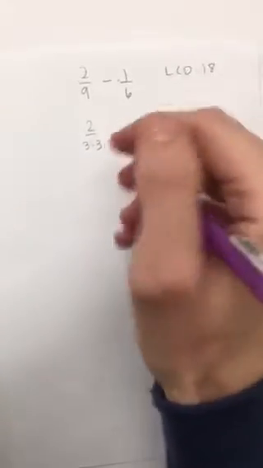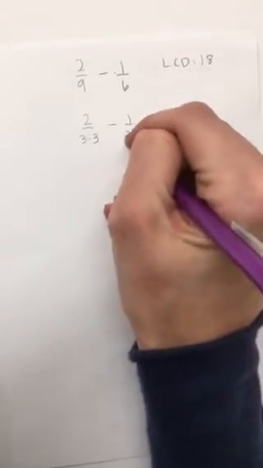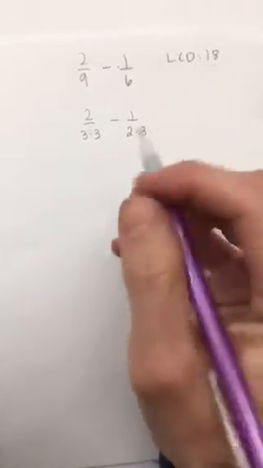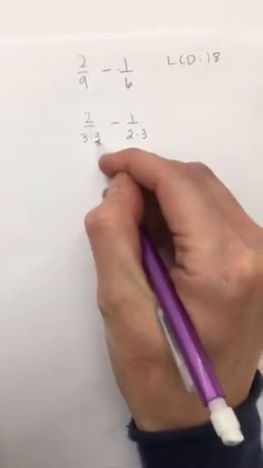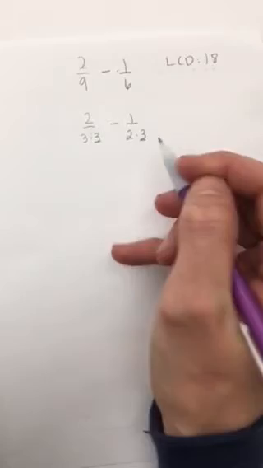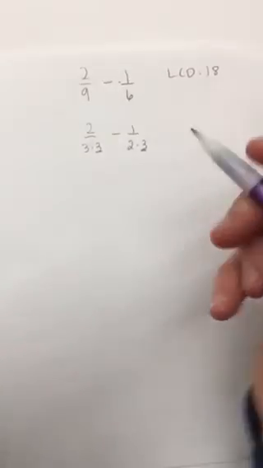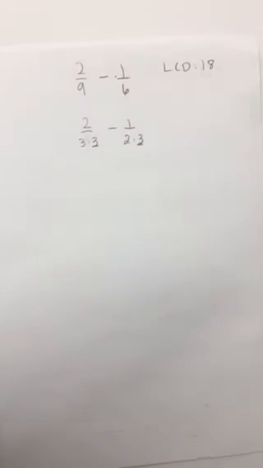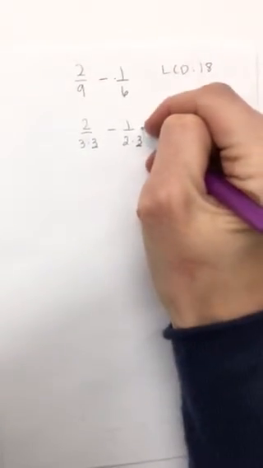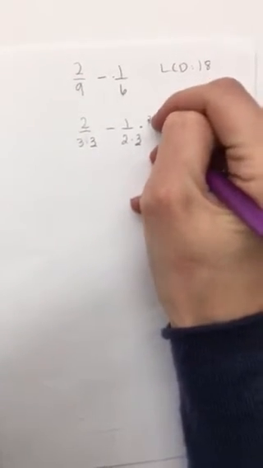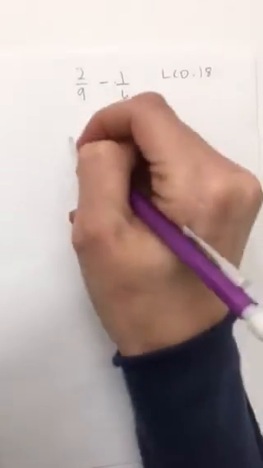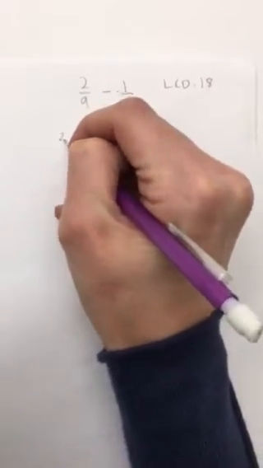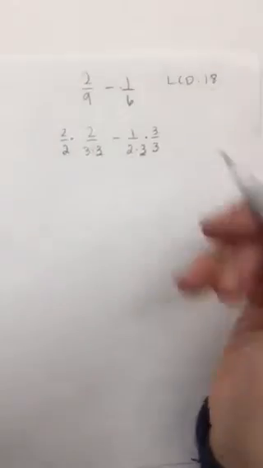And we could rewrite 1/6 as 1 over 2 times 3. Notice how both of these fractions have a common factor of 3. And the part that's different is really just this 3 and the 2. So you would wind up multiplying this fraction by a 3 over 3 and this fraction by a 2 over 2. And that should make sense.